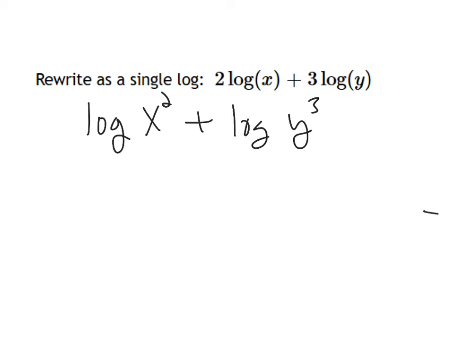Now, all these examples I've been showing you so far are log base 10, but they could be log base anything. It's just the common log. Then, because I've got the sum going on, I can multiply the two products. So I can write this as log of x squared y to the third, and I'm done. I got a single logarithm.